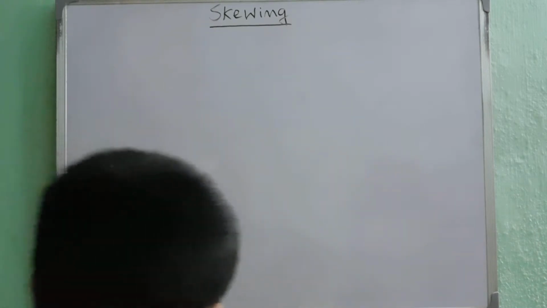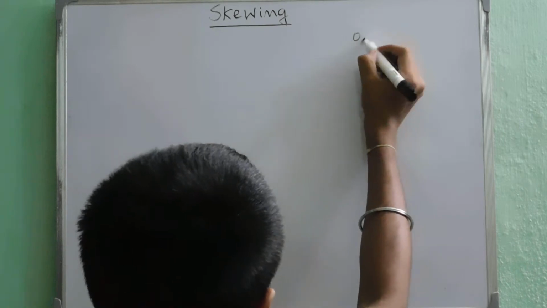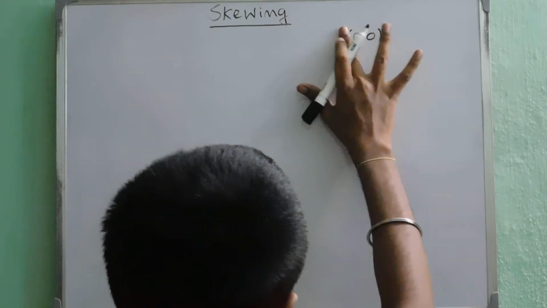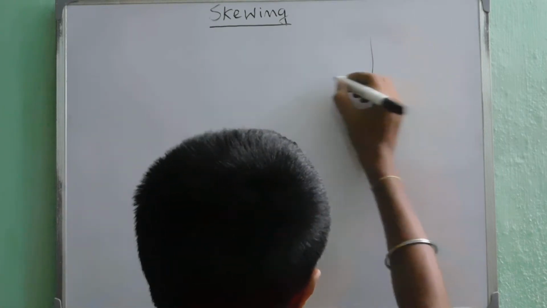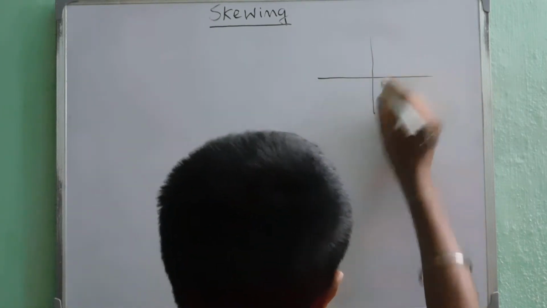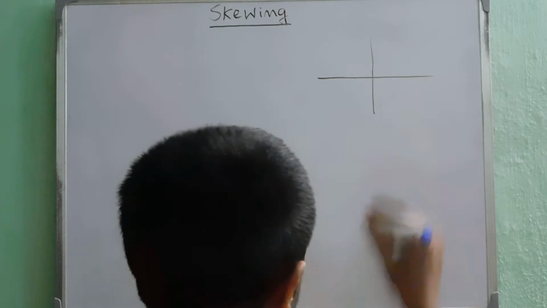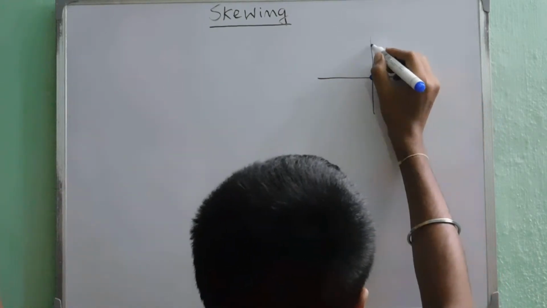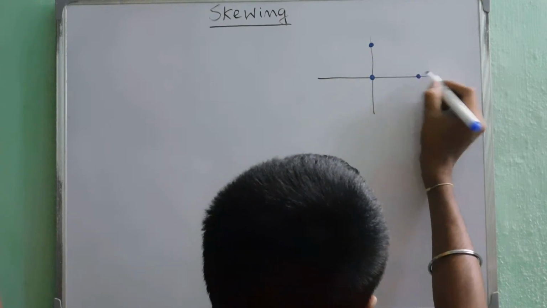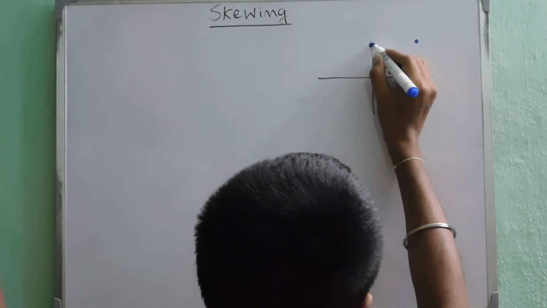We have a square whose coordinates are 0, 0, then 0, 3, 3, 0 and 3, 3.